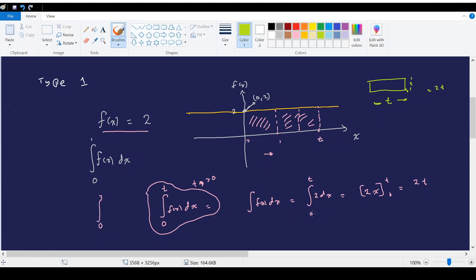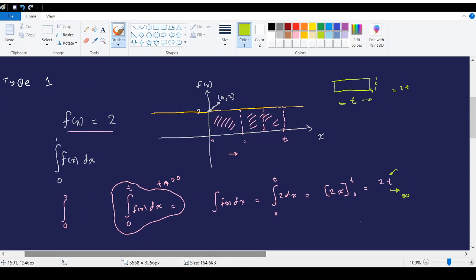Now, when it comes to this number t, you can see t can be as large as we need. In other words, this t can be extended to infinity. What do we mean by that?